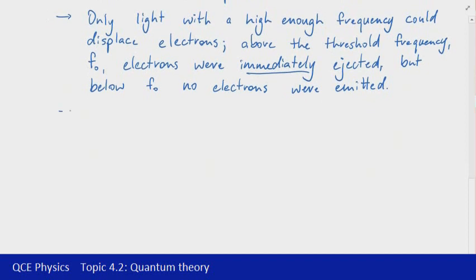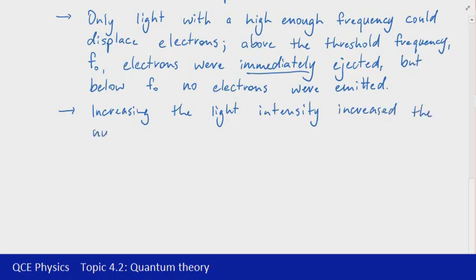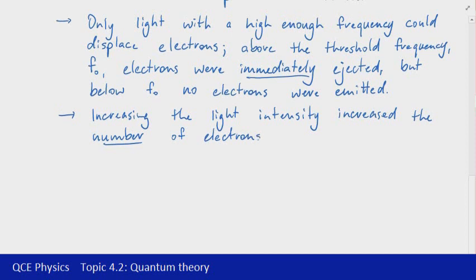The second one is that increasing the light intensity had an effect on the electrons that were being ejected, but not the effect that was expected. So increasing that intensity of light increased the number of electrons, but not the maximum kinetic energy with which they were emitted.